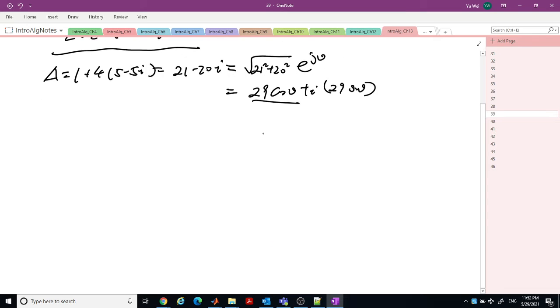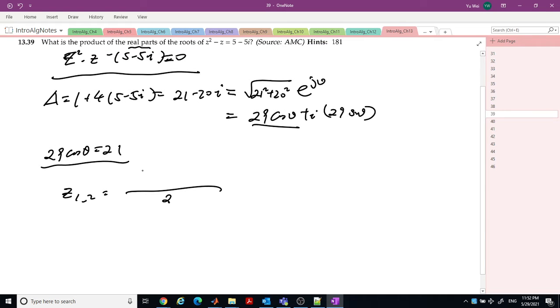Okay, so now we can see that 29 cosine theta is equal to 21. Then we have z1, z2, the roots, is equal to 1 plus minus the square root of delta over 2, so it is 1 plus minus root of 29, and half of the theta.